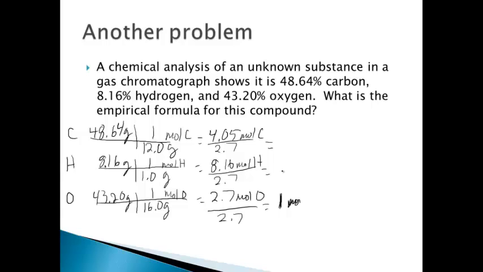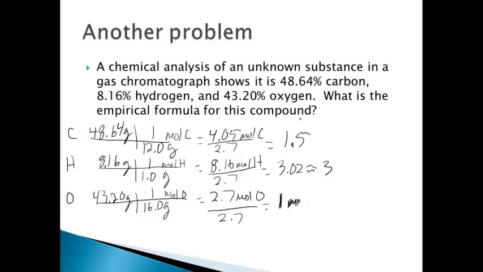All right, 8.16 divided by 2.7. For my hydrogen up here, it's going to be 3.02, which is approximately 3. And for my carbon, 4.05 divided by 2.7 gives me, well, this one gives me 1.5. Now, I've got 1.5, 3, and 1.